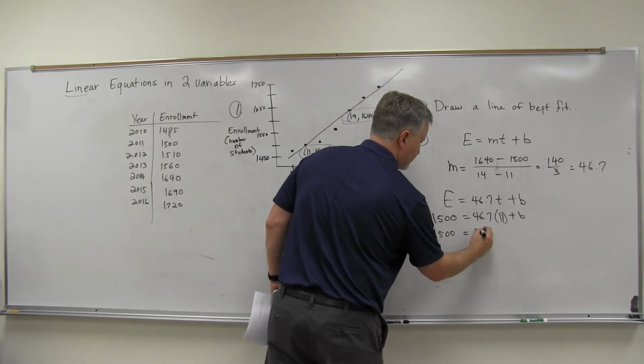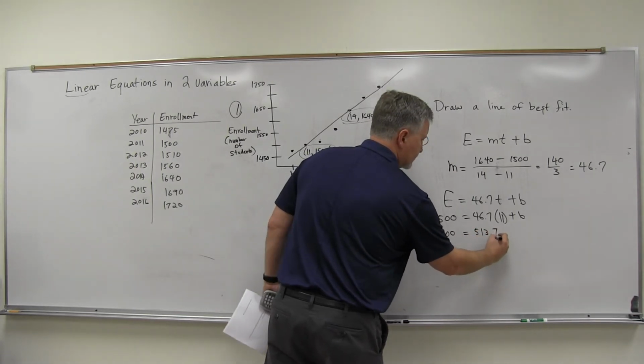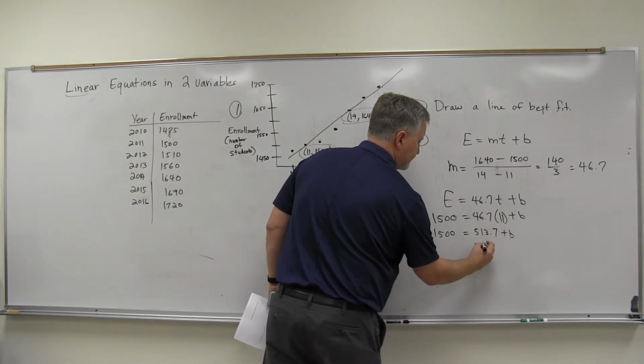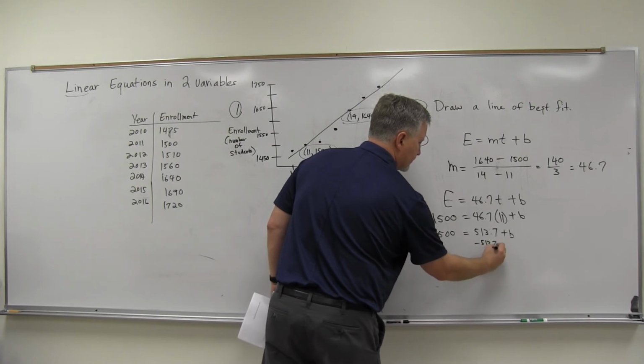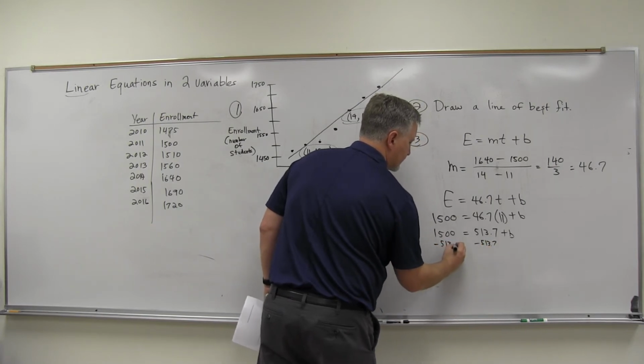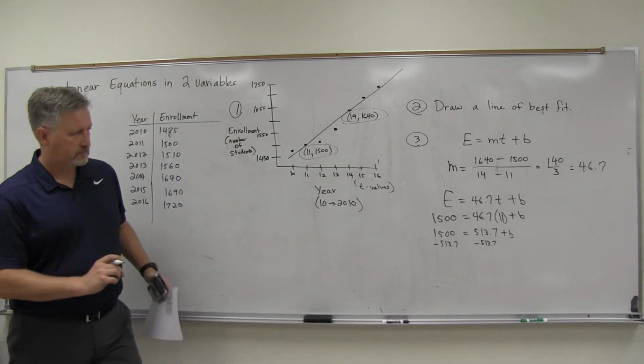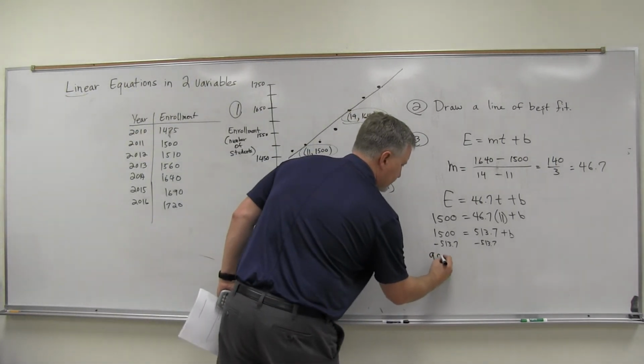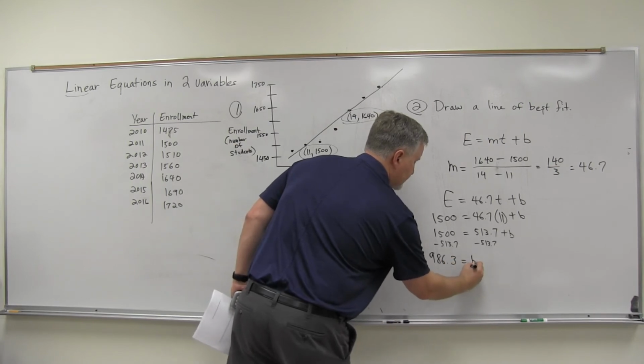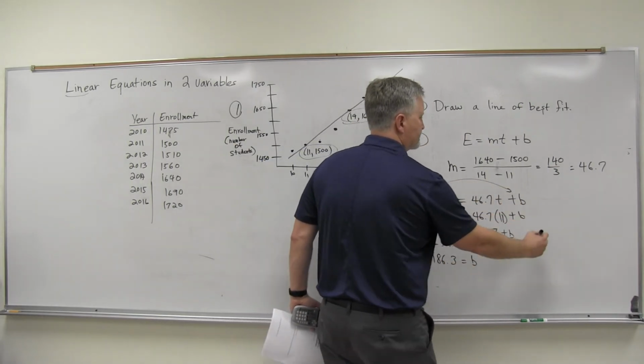So subtract that, and we got our B. 986.3. Thank you. 986.3 is my B. So just plug that in, and there's my model.